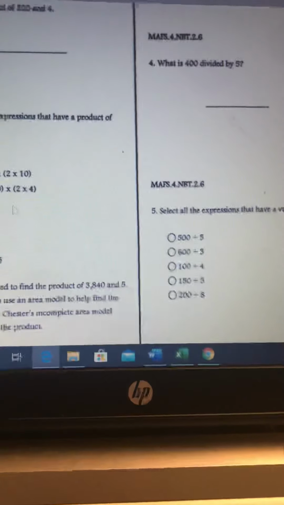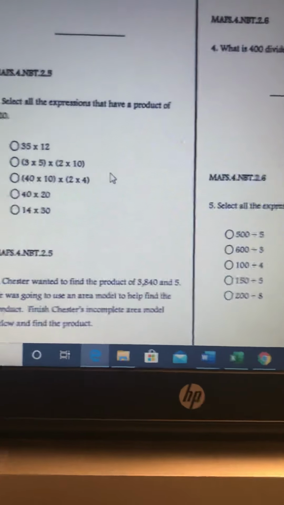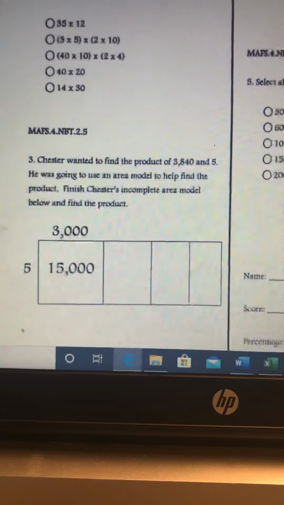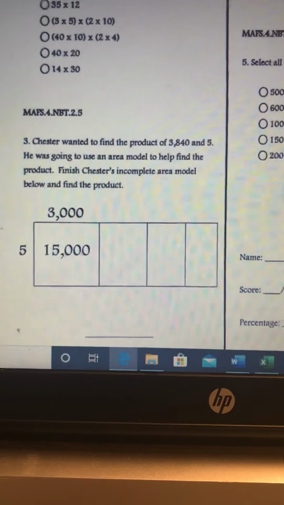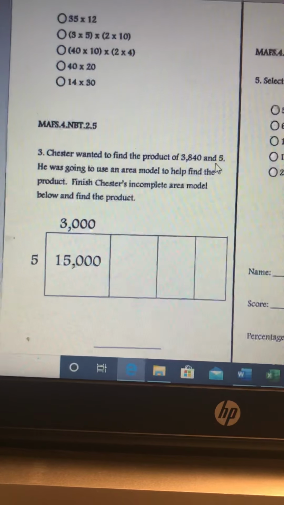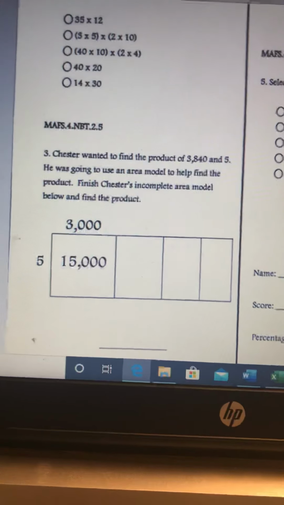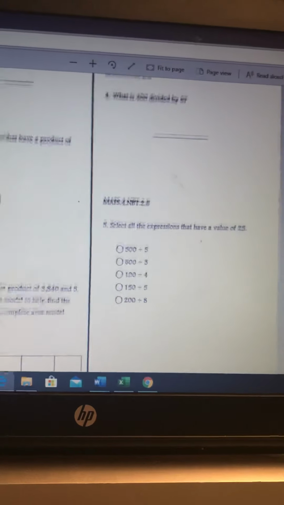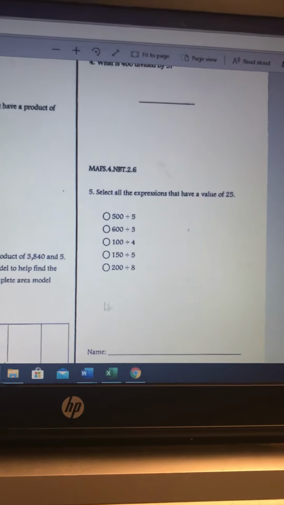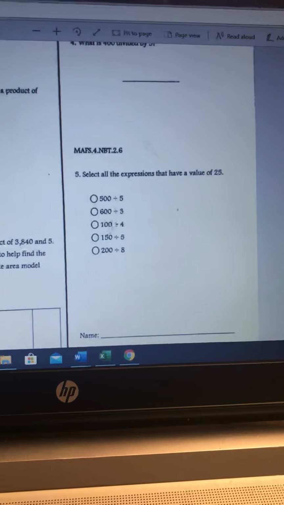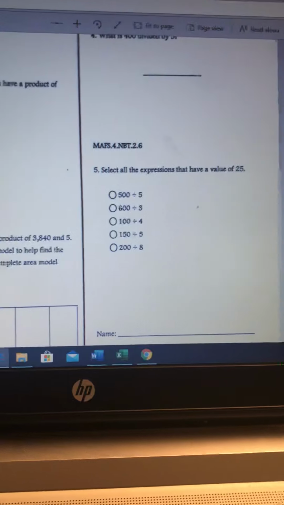So you need to answer all these questions and see which one of those equals 420. 3, you're finding the product of 3,840 and 5. You're using the box method here, and I'm going to show you the box method again in our lesson. Okay, 4 is division, 400 divided by 5. And 5 is also on division. Which one of these equals 25? So you need to solve all of these division problems to see which one equals 25.